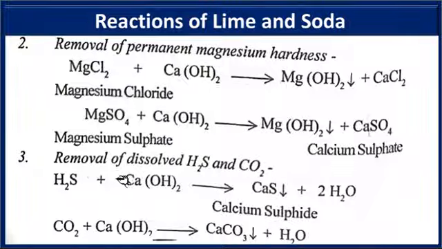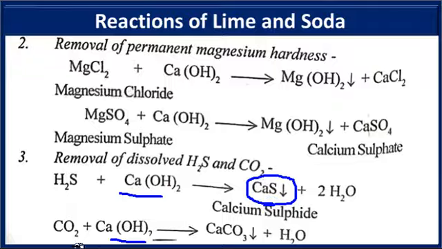Now, third removal is the dissolved hydrogen sulfide and the carbon dioxide gases from the water. When dissolved H2S and carbon dioxide are present in the water, they also react with the lime and consume the lime. Hydrogen sulfide reacts with the lime and is converted into the calcium sulfide precipitate.